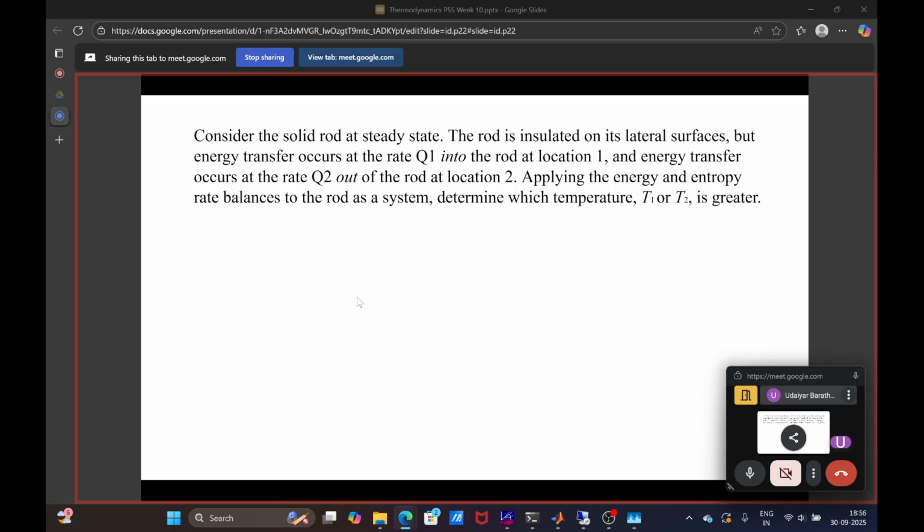So what is the condition to say how the heat transfer is? This, in a broad sense, explains the second law, a simple problem to explain the second law.